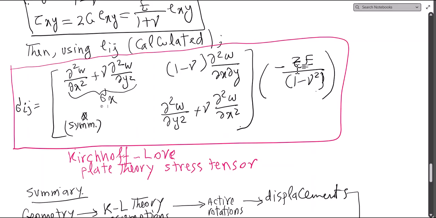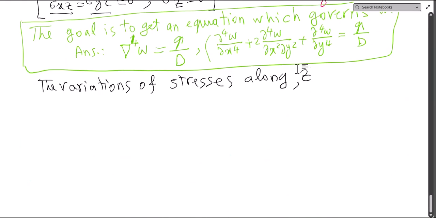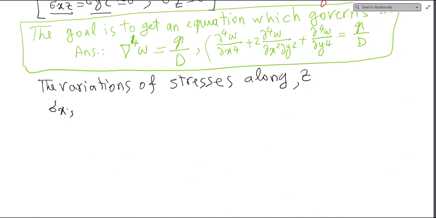So we can say that sigma x varies linearly along z.